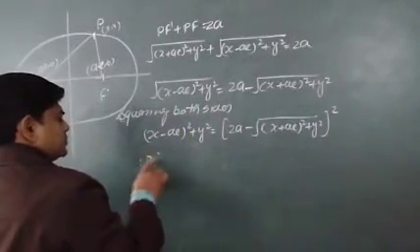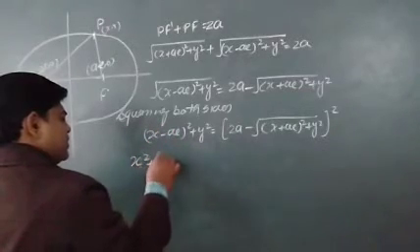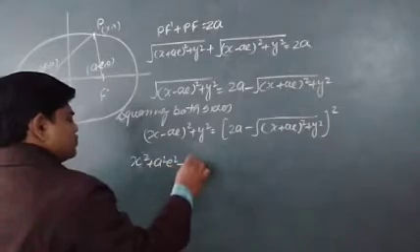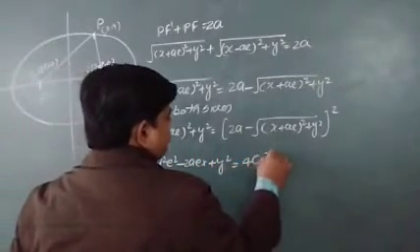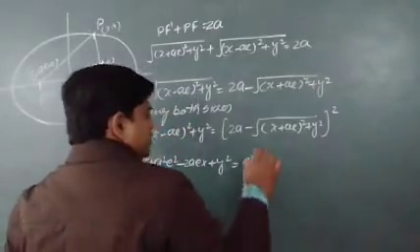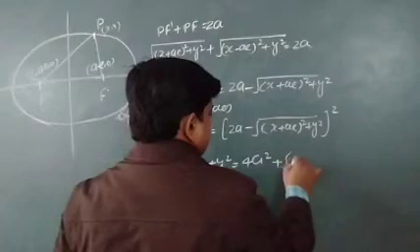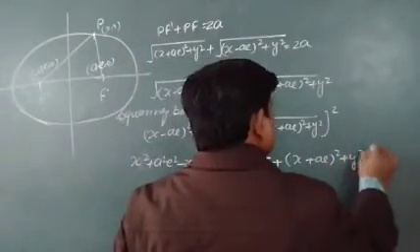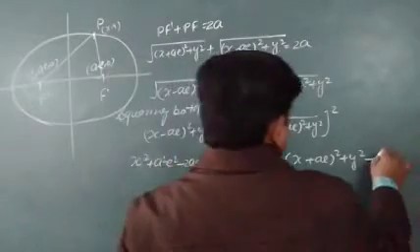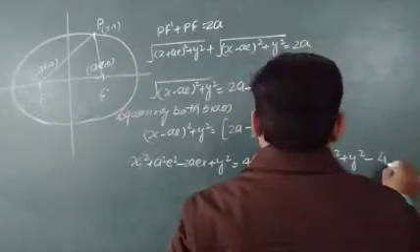I am just going to use that (a minus b) the whole square: x square plus a square minus 2ax plus y square. Here I can write it is 4a square plus b square, which we will eliminate, (x plus a) the whole square plus y square, minus 2ab.